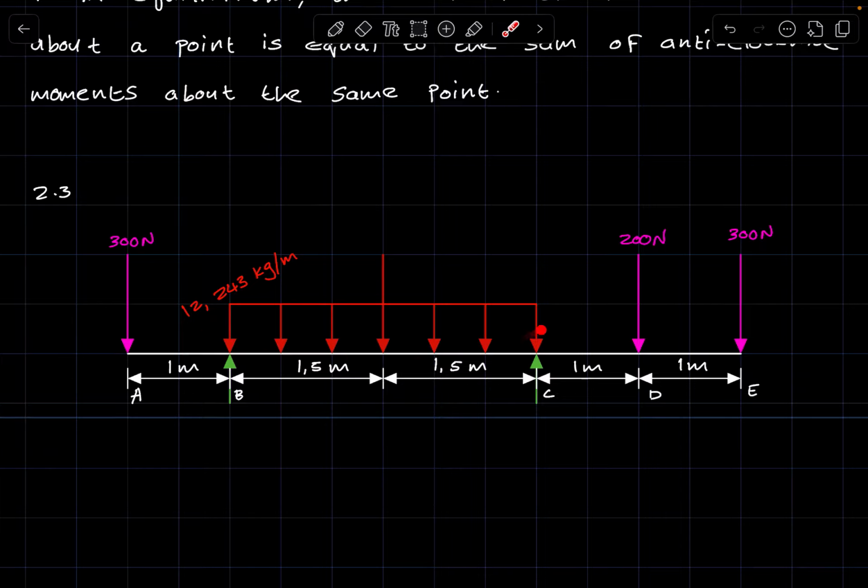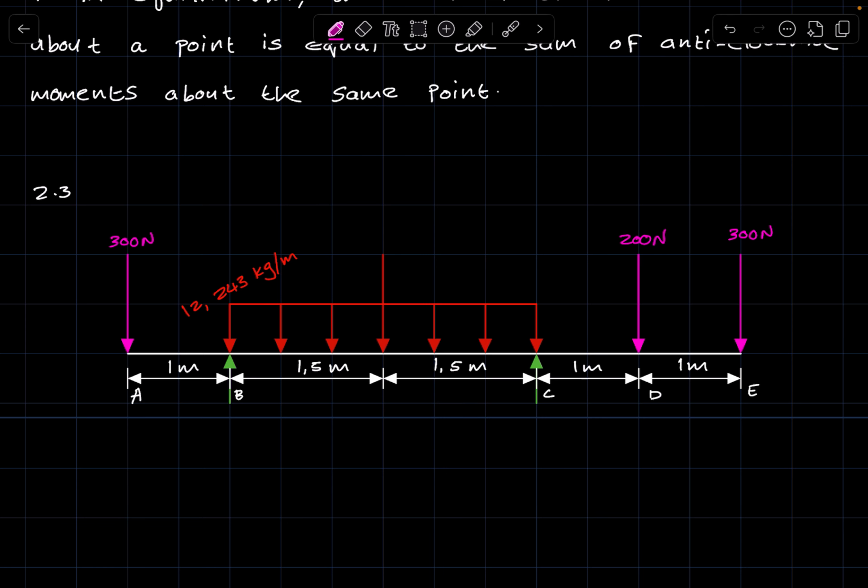If you have a UDL, more especially, it is important that you redraw the beam so that you'll be able to rework out the distances in terms of having to resolve the UDL into its weight component, right. Now, the UDL, for instance, this one is in kilograms per meter, right.